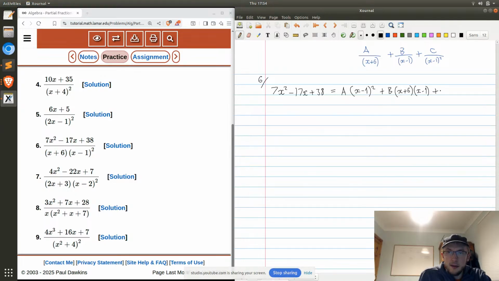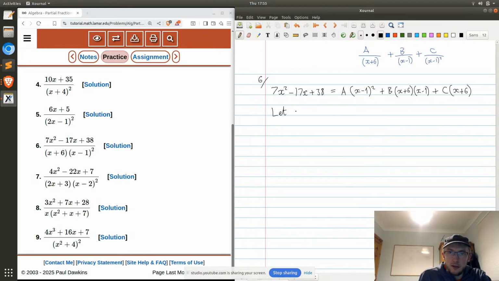And C just by x plus 6. And now if you expand it all out, well, you can expand it all out if you wish. Let's just think. Here's a better idea.